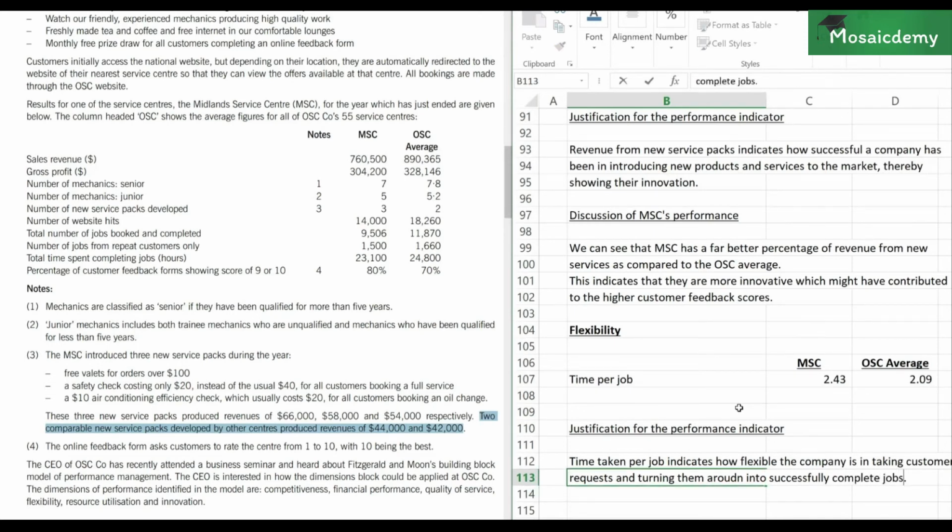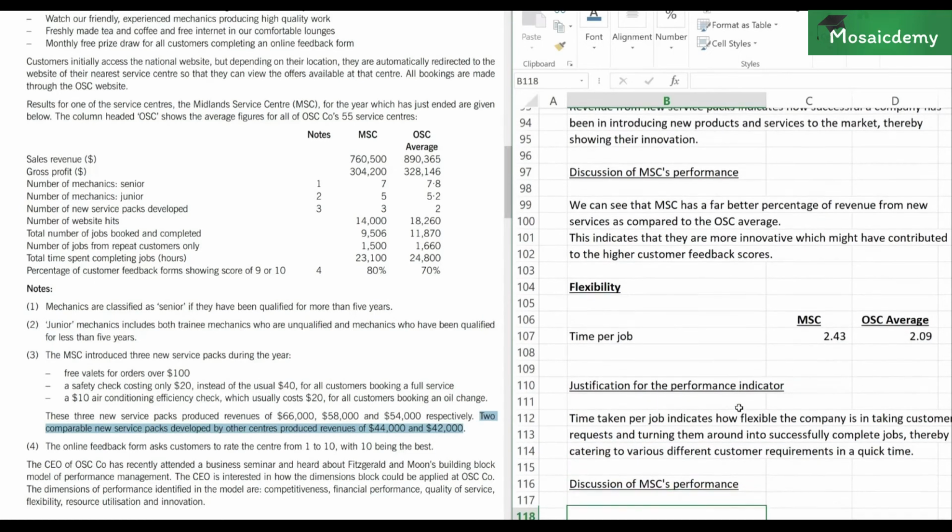Okay, so there's our justification. Successfully completed jobs, thereby catering to various different customer requirements in a good amount of quick time, right?